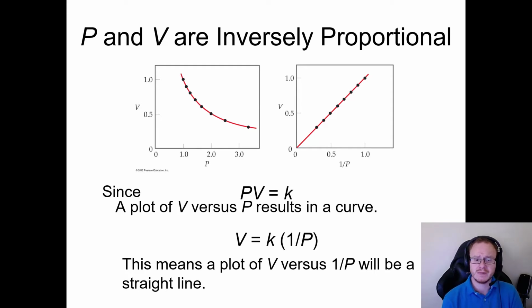So if we simply plot it as pressure to volume, we don't get the right answer, so to speak. That means that if I plot the inverse, volume against 1 over pressure, I end up with a straight line. The concept of trying to plot a straight line is going to be important in a few units when we talk about chemical kinetics, but this is where we come up with the inverse proportion.